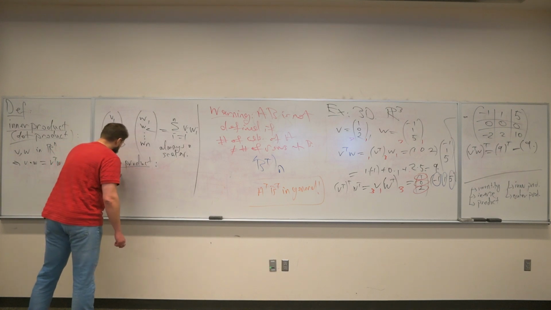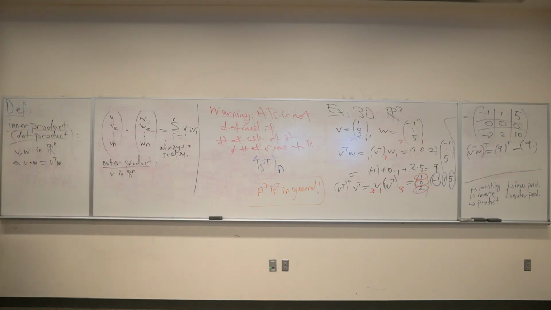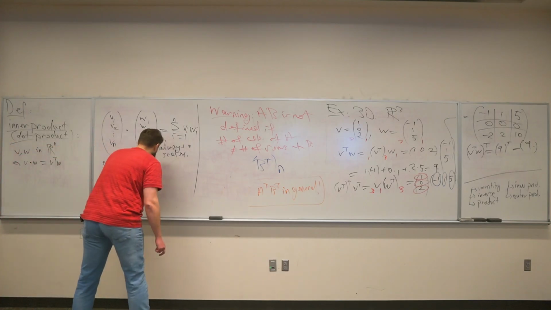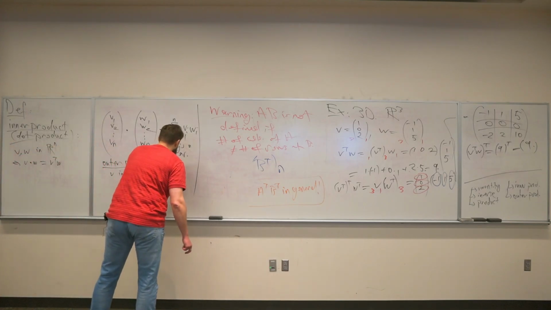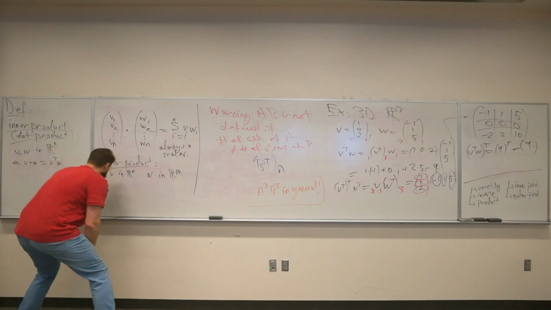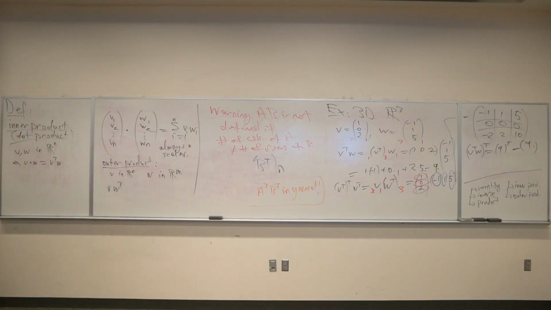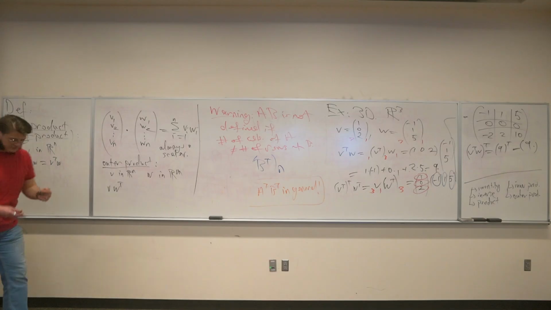Here, I'm going to take one vector in R^n, another vector in R^m. Then instead of taking the transpose of the left vector, you take the transpose of the right vector. So VW transpose. So that now this is well defined.